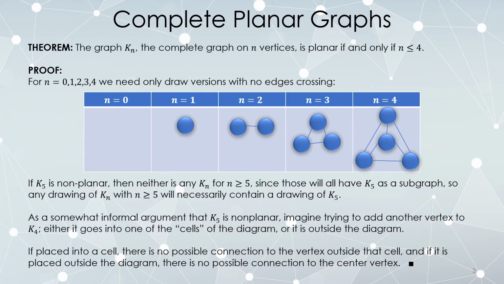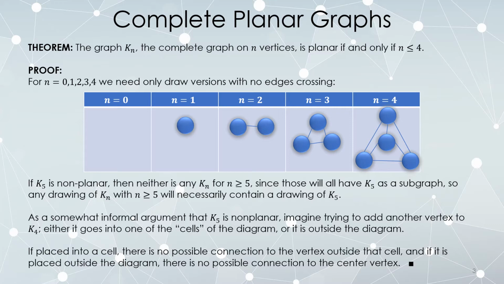In other words, there will be a 5 vertex complete subgraph. And since we are going to argue that you can't draw a 5 vertex complete graph without edges crossing, and those will appear as subgraphs for any larger number of vertices, it will hold that you can't draw a larger complete graph without edges crossing, since it will contain that 5 vertex complete graph as a subgraph.